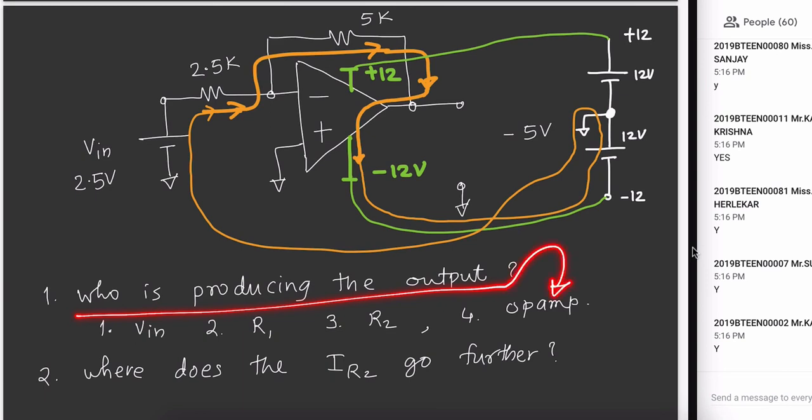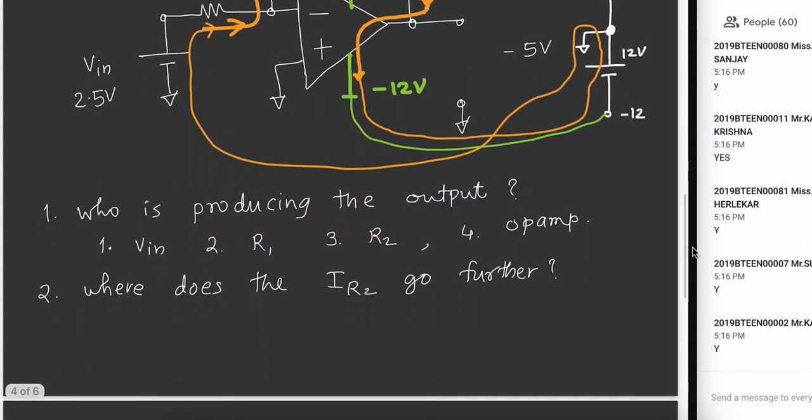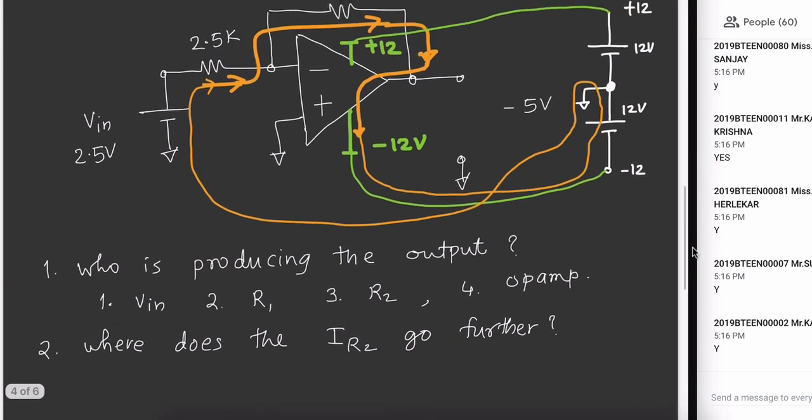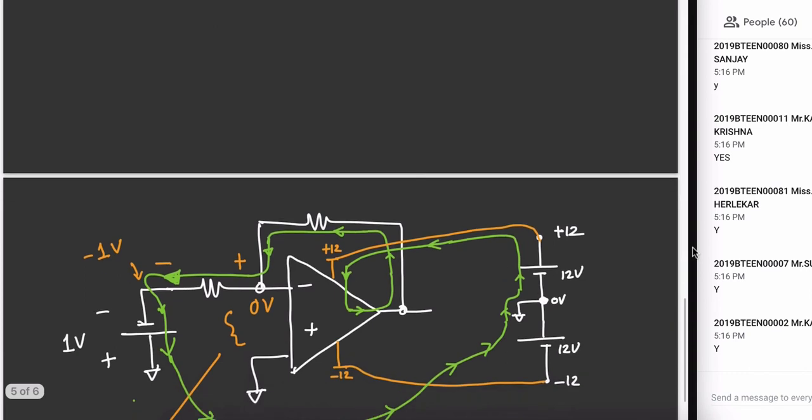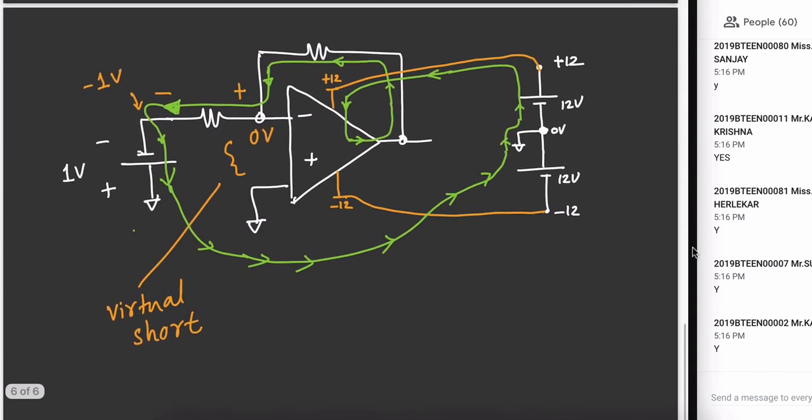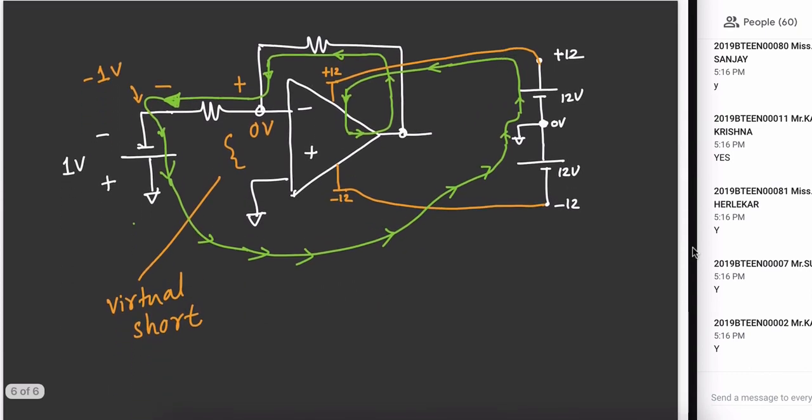It is actually the op-amp which produces the output, though R2, R1, Vn give some input to produce that output. Where does the IR2 go further? We completed the path. Then we took one more example and drew the current path. So, did we understand this much?